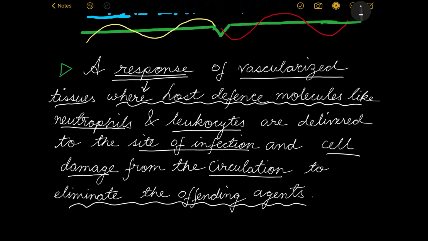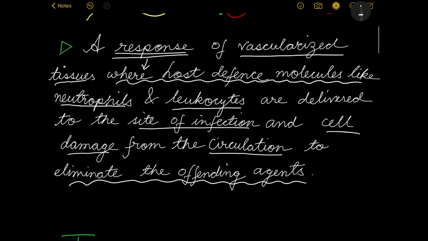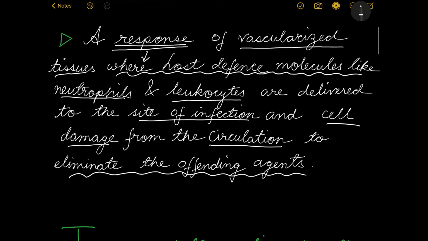Let me explain what this definition actually means. Whenever we are infected with some foreign bacteria or some foreign agent or a microbe, and we will see later that there are a lot of causes for inflammation, let's suppose that we are infected with a bacteria.